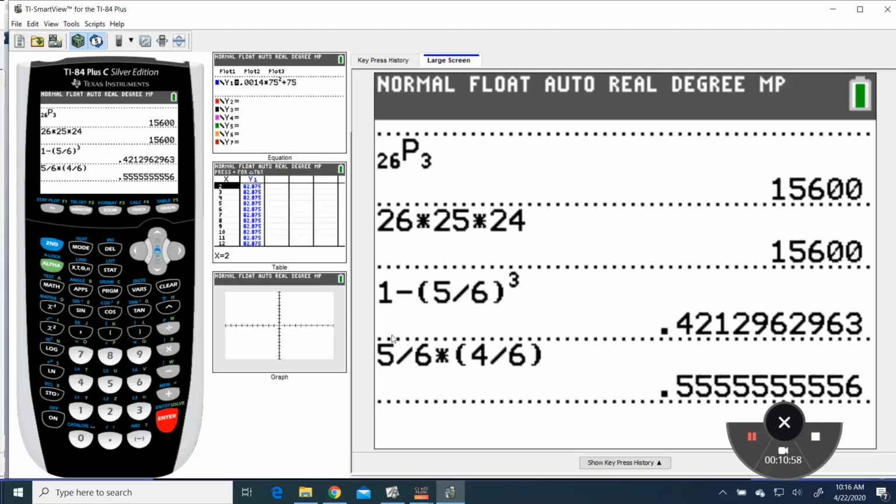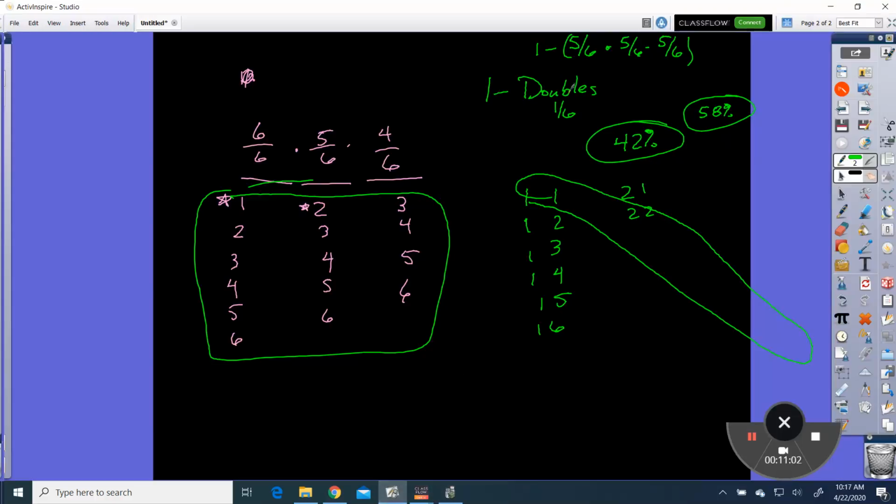Yeah. It doesn't give you the same answers. So these questions are tricky. When it says never getting a double, sometimes it's easier to say 1 minus the probability of getting a double. Okay, so it's easier to say what's the probability of getting doubles, then 1 minus that to never get doubles.